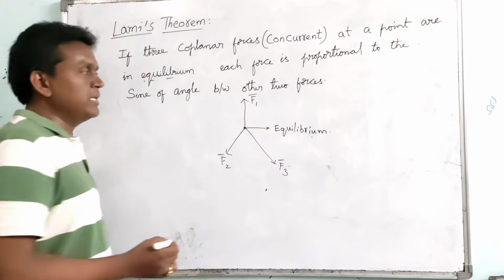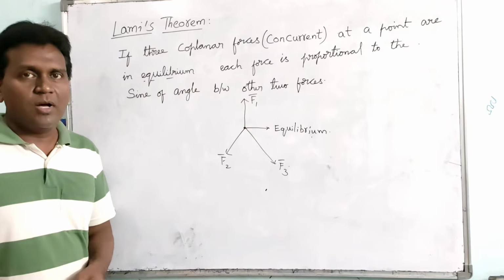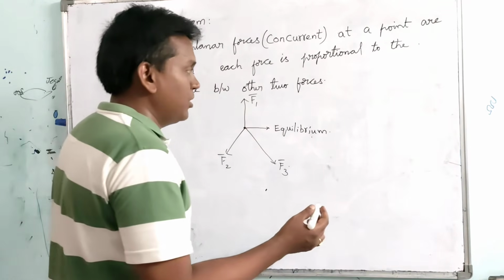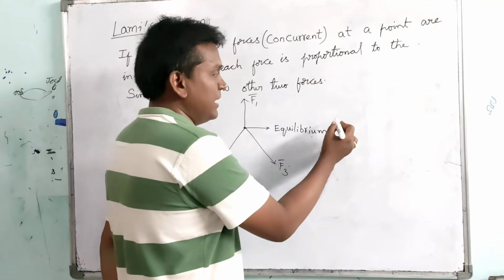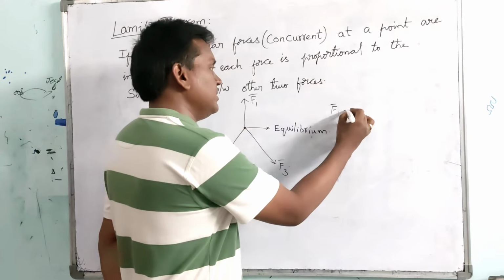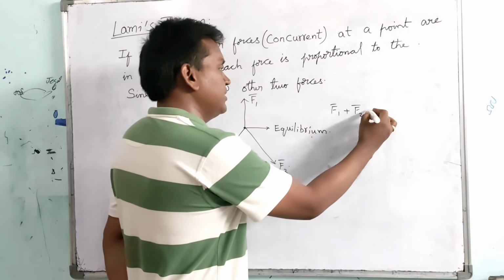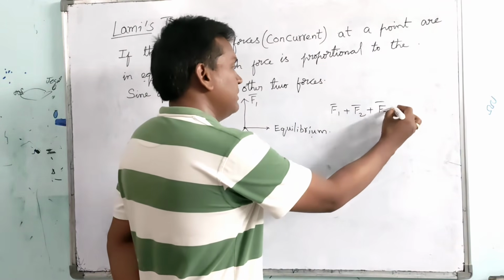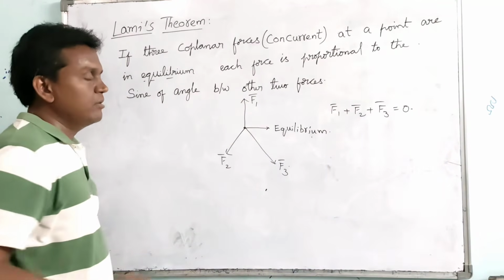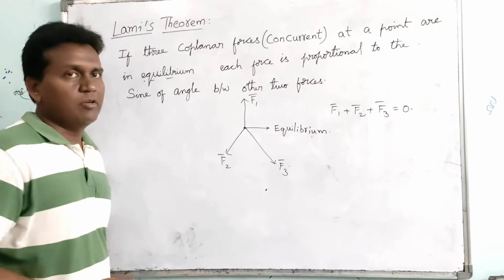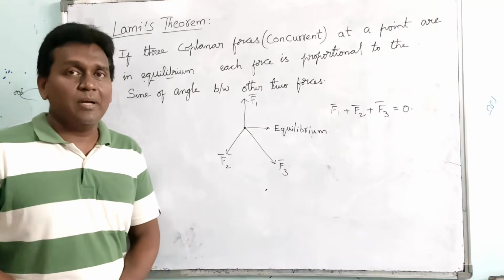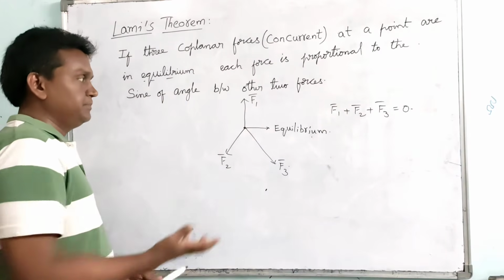When the point is in equilibrium, the vector sum of all forces acting on the particle is 0, and the body will be at rest or in uniform motion. That means F1 bar plus F2 bar plus F3 bar is equal to 0.